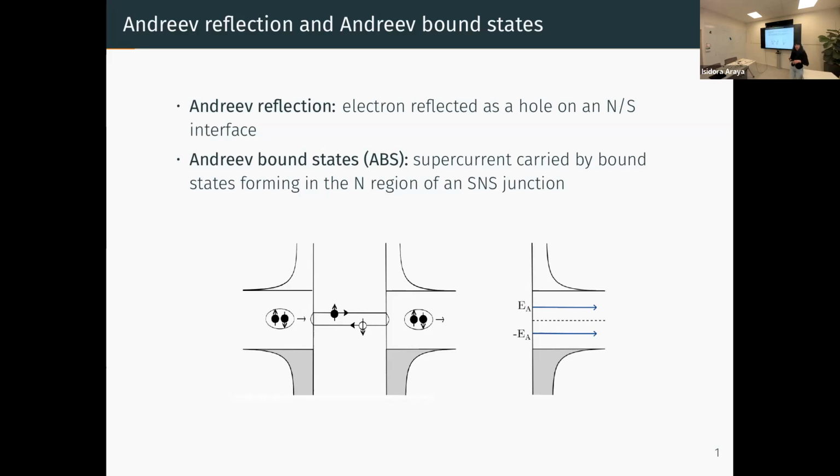And now if we have an SNS junction, the successive Andreev reflections between the superconductors will lead to a formation of the Andreev bound states. And these are basically what carry the DC Josephson current.